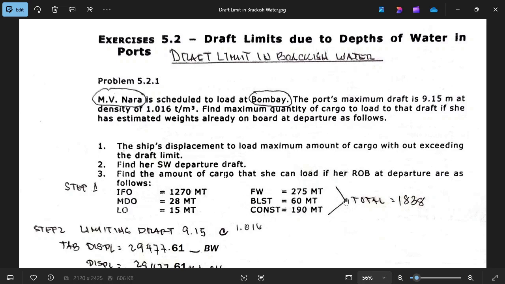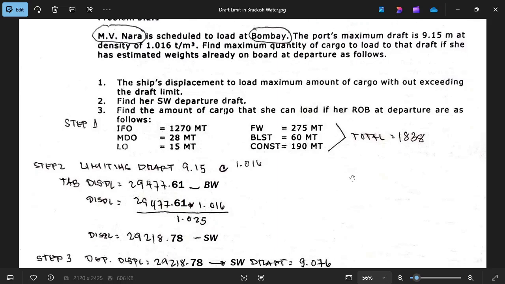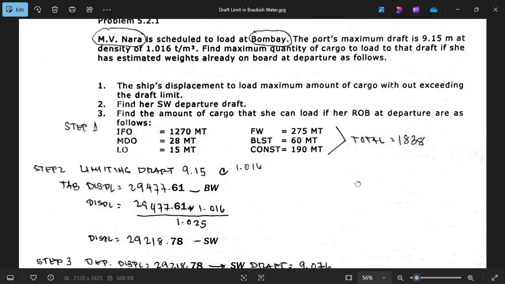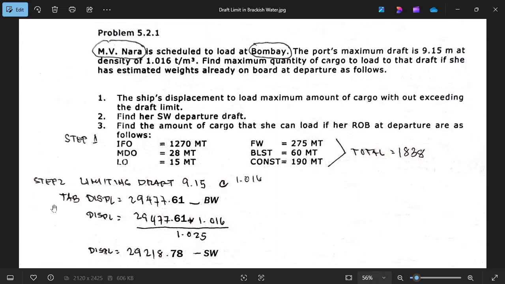So we just take note of this, guys. Total is 1,838. This is step 1. You add all together the ROBs, then the total will be 1,838 metric tons. I made step 1 in Excel.